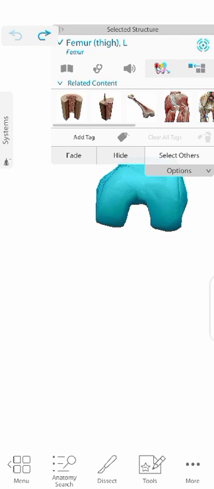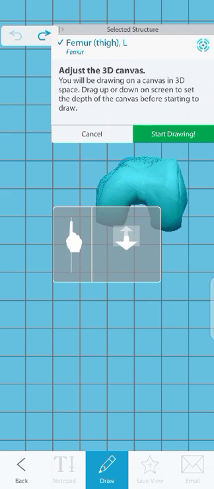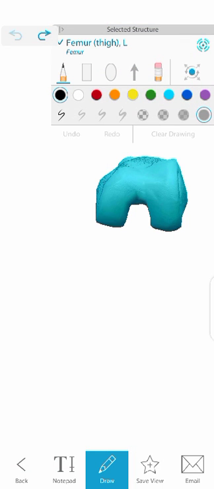Let me annotate. So this is the medial condyle, and then there's the lateral condyle. These parts sit on the condyles of the tibia for articulation. The interaction between two different bones is called an articulation. That's how the knee joint is formed. So a condyle is basically an articular surface.